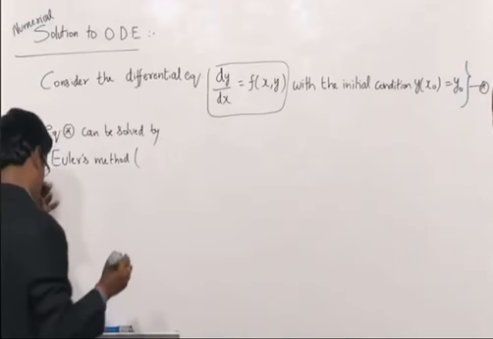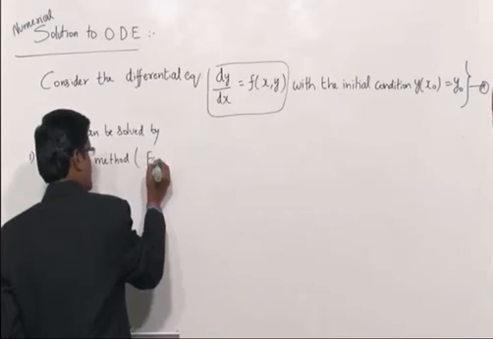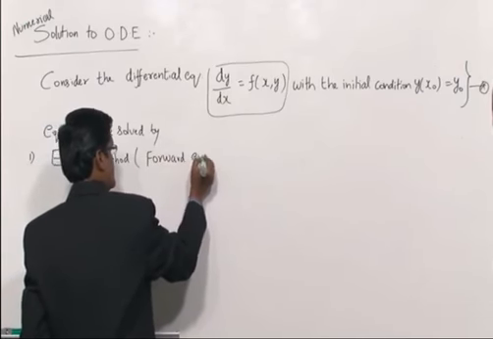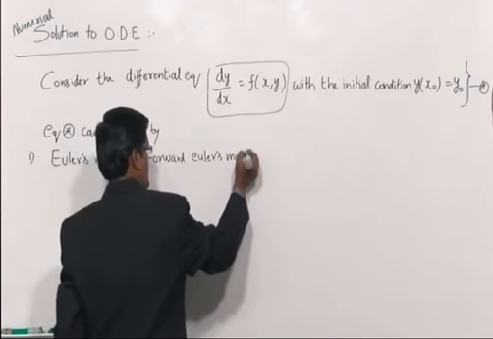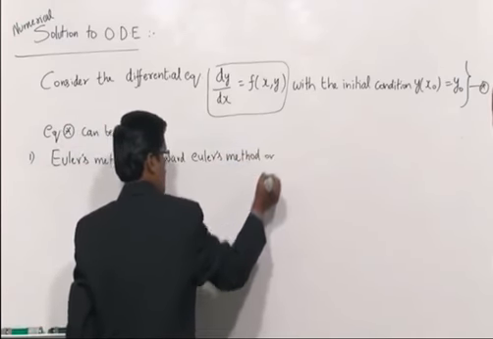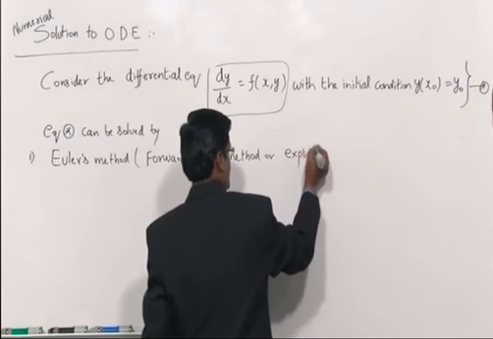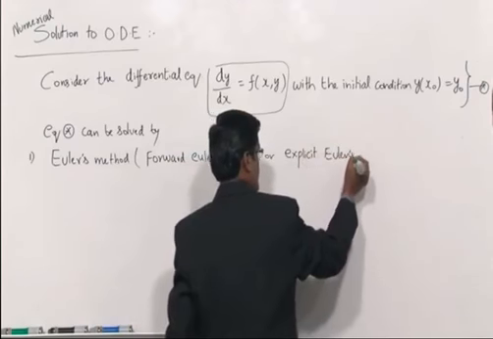Then I will give you problems. It is also known as forward Euler's method or explicit Euler's method.